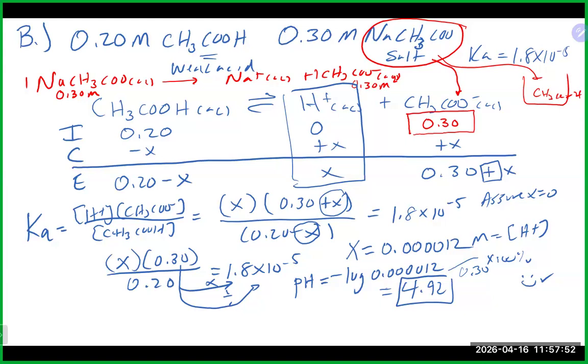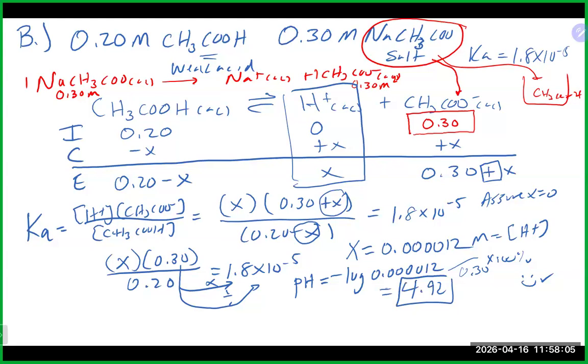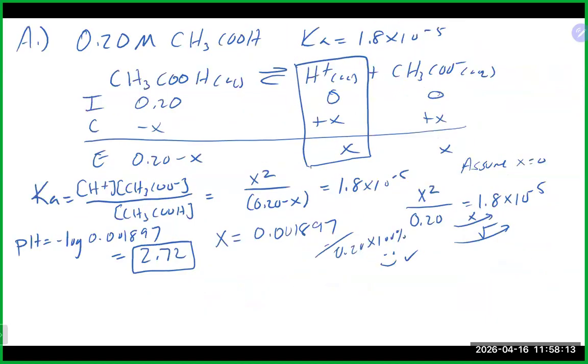So let's talk about a couple of things in terms of the common ion. We obviously have a common ion effect happening here. When we compare the pH of the acetic acid by itself, which was 2.72, to the pH with the common ion, the one with the common ion is the higher pH, and the one without the common ion is the lower pH.